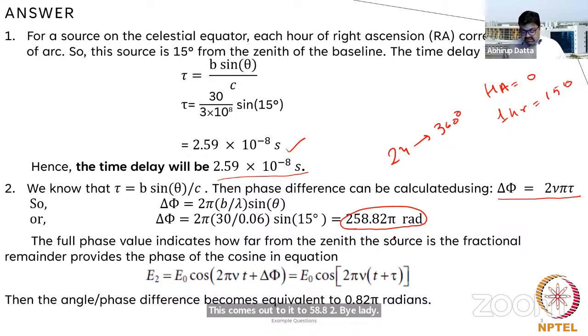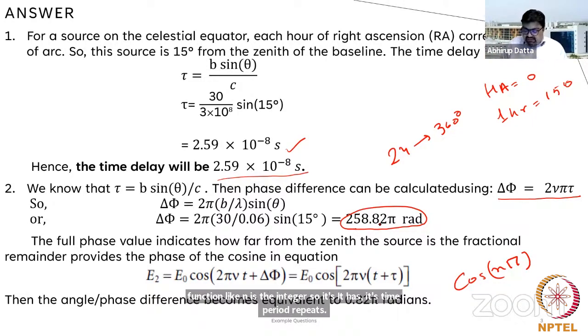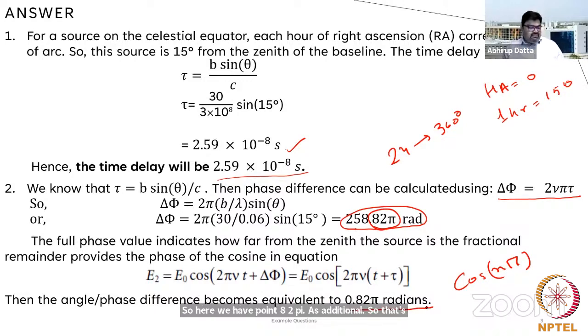Remember that the phase takes full cycles: cosine of n pi repeats the function, where n is an integer, so it repeats with a period. So here we have 0.82 pi as additional. That's the phase difference we have computed.